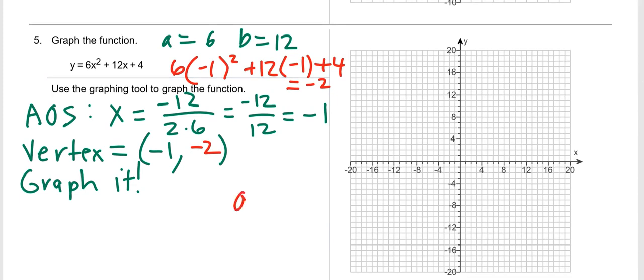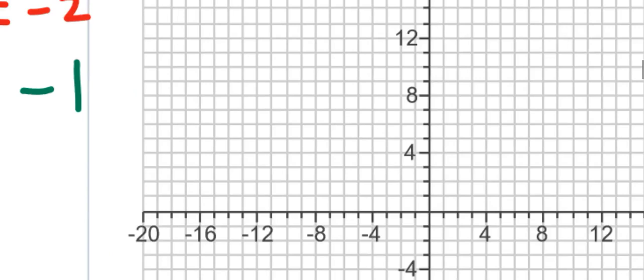Now, if A is 6, what is 3A? Higher than 12. 18. Okay, we're going to stop there. 5A would be impossible for this particular graph. So, let's find -1, -2.